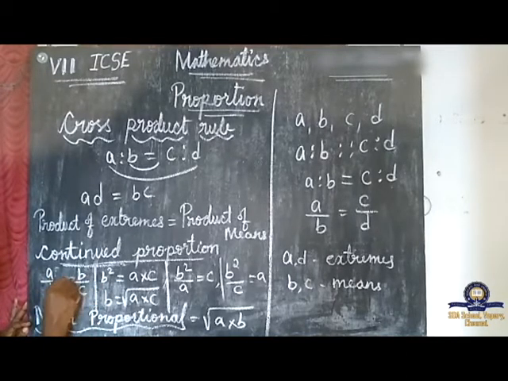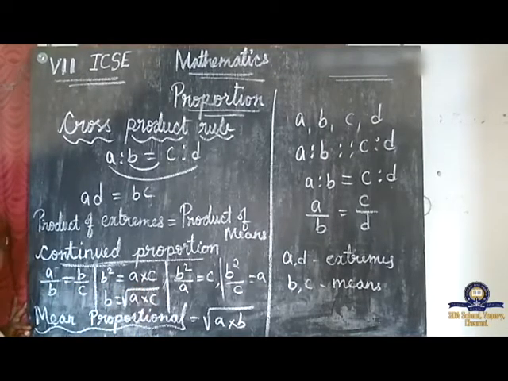So A by B is equal to B by C. We cross multiply: B into B, B square, is equal to A into C.